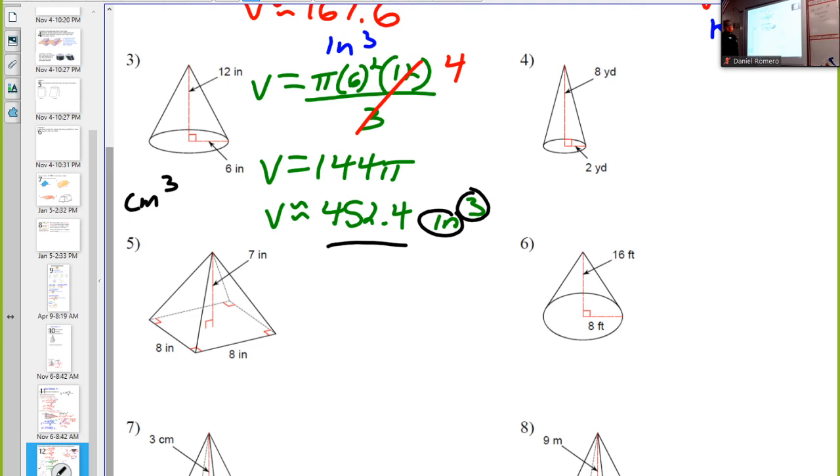A cubic centimeter is equal to another way of writing this. If you ever watch a medical show on TV and they say, I need 400 cc's of whatever, cc stands for cubic centimeter.